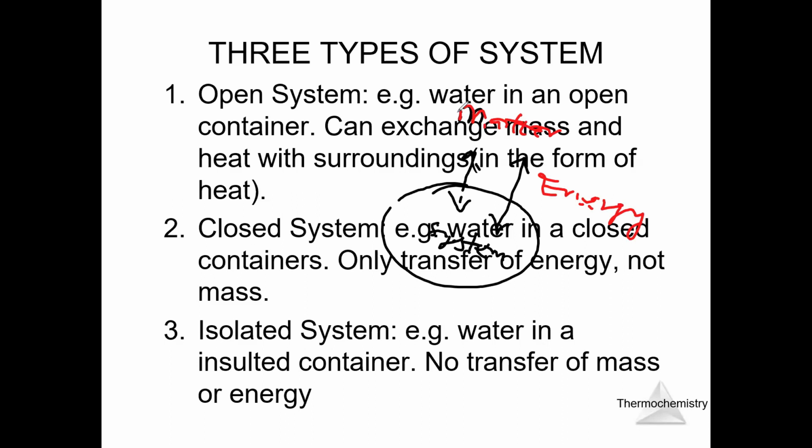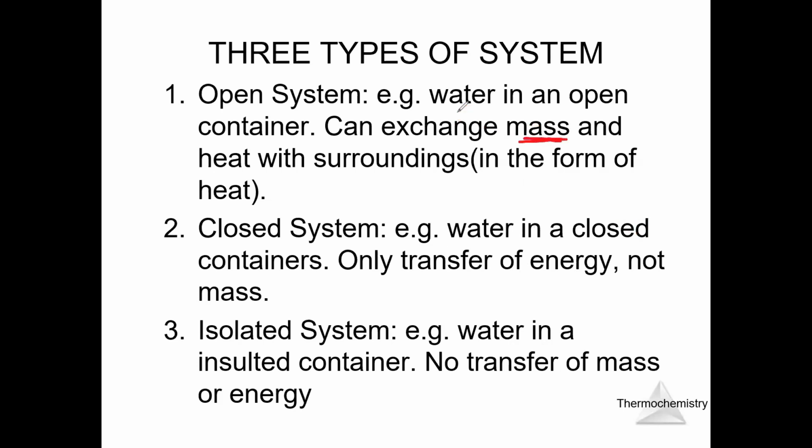Water in an open container, where there is an exchange of mass and heat with the surrounding, is considered an open system. Mass can be an object or matter. If there is an exchange of heat and mass between the system and the surrounding, that type of system is considered an open system.